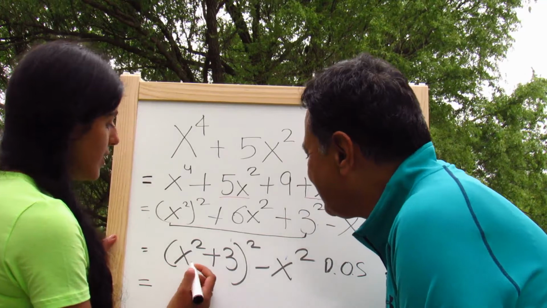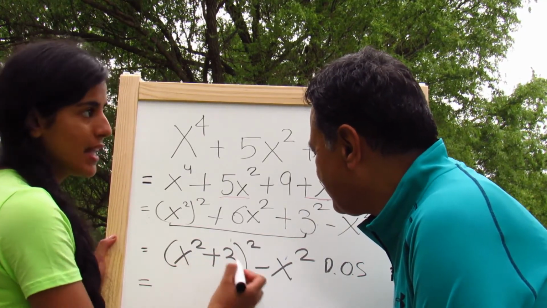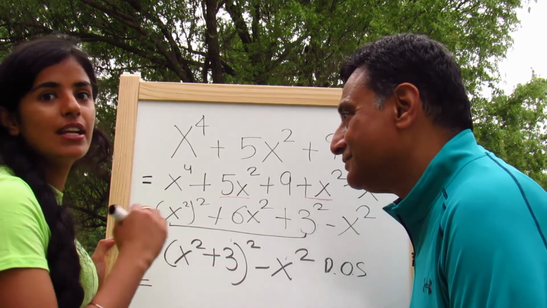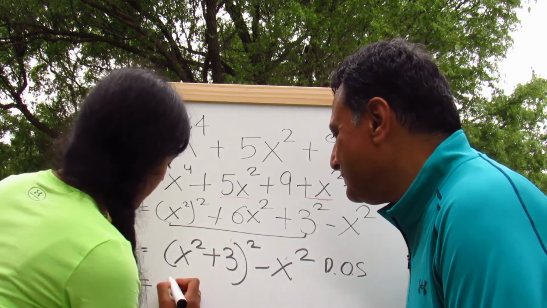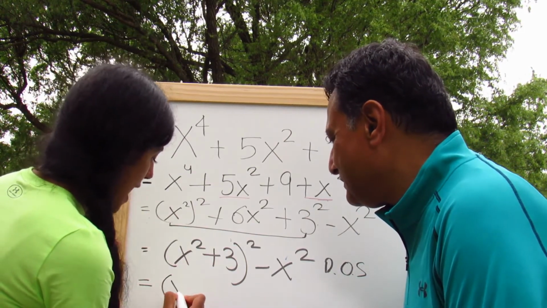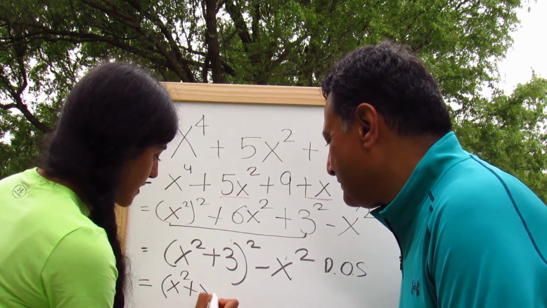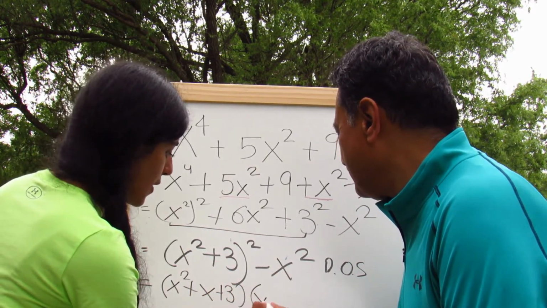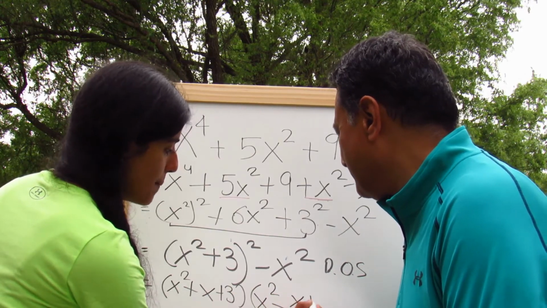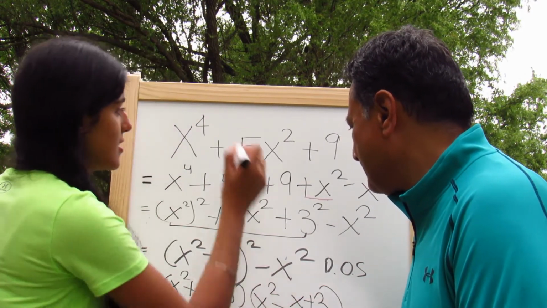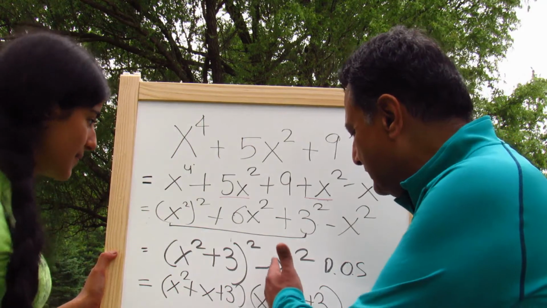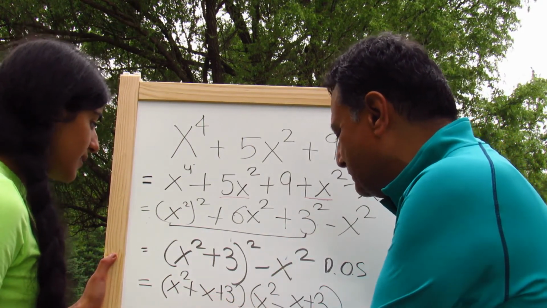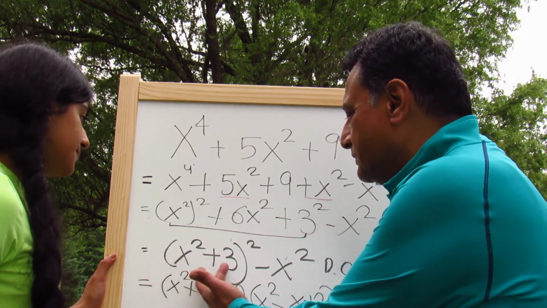You could write this as x squared plus 3 plus x, but you have to arrange it in decreasing order of degree. So the best way to write this would be x squared plus x plus 3, that's one. Another one would be x squared minus x plus 3. And you have factored this already. So this x squared has been written as plus x and minus x, and we have written 3 on both sides.